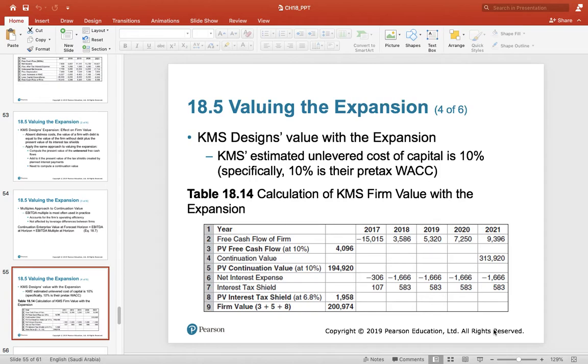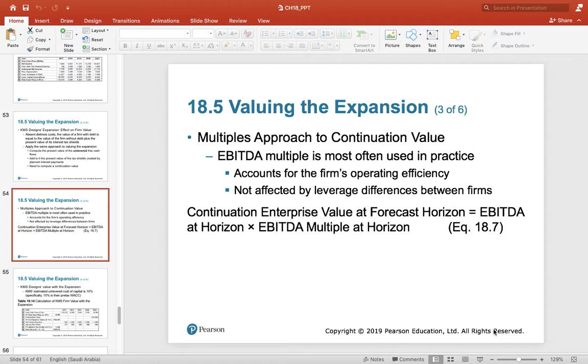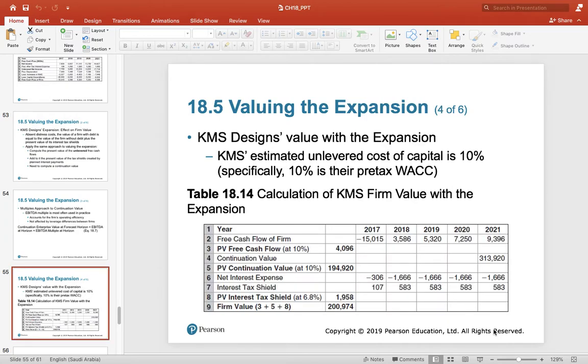Terminal value is equal to the 2021 free cash flow multiplied with the EBITDA multiple, given here. Then it gives you the terminal value. That terminal value, present value at 10%. 313,920 is the terminal value at 2021.